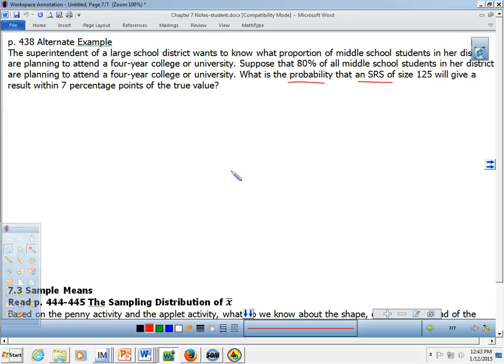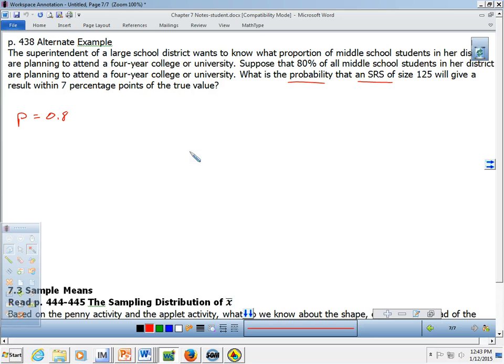Well, what kind of things do we know now? Okay? Well, we know that the population proportion p, or the proportion of middle school students that are planning to attend a four-year college or university, is 80%. Okay?